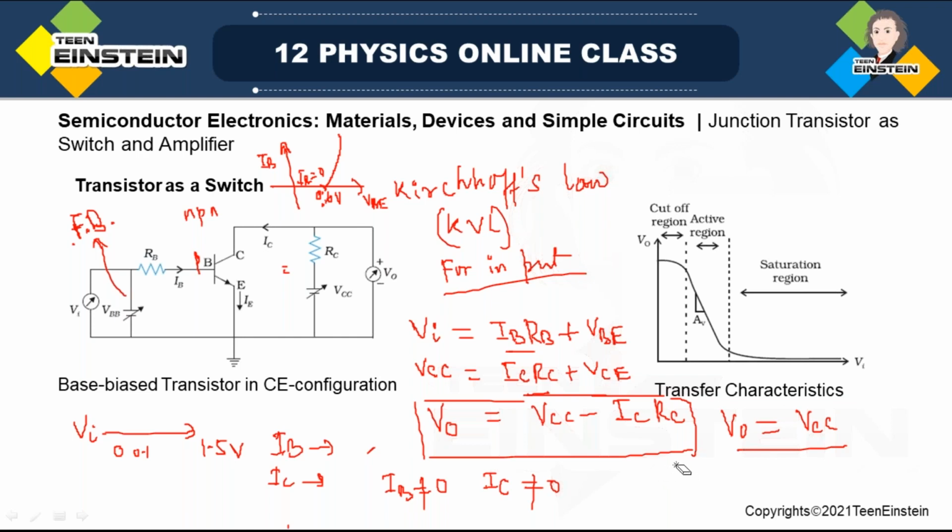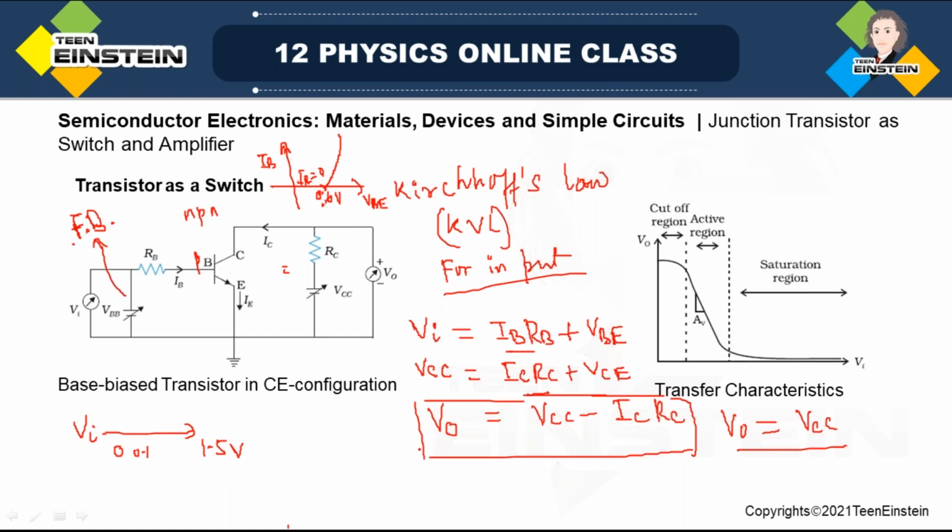So when the transistor is conducting and the input current IB increases gradually because of the applied input voltage VI, your IC gradually increases. When IC increases, your output is decreasing.